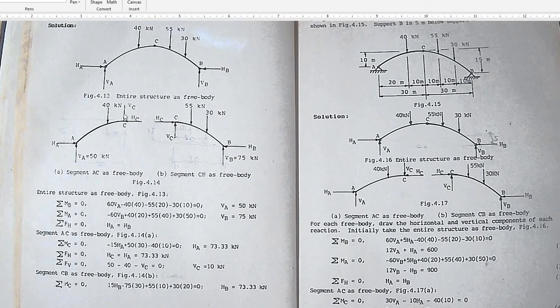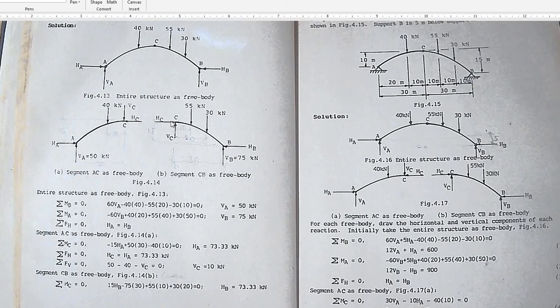Take note that VC is at the hinge support, so it is equal to 0. Or, in short, VC now is equal to 10. Now, the hinge force on segment AC will transfer to segment CB, but this time in the opposite direction.